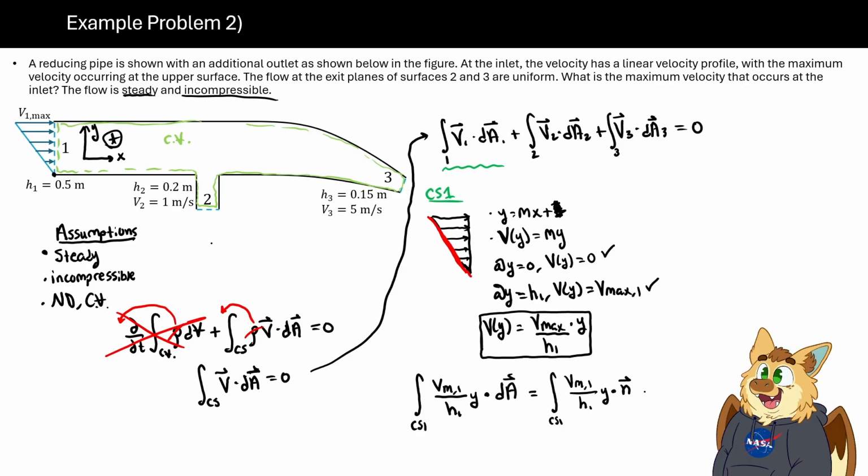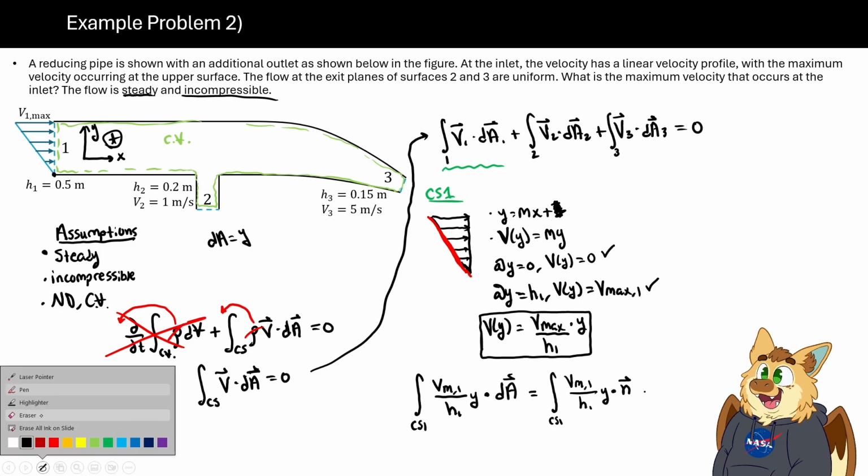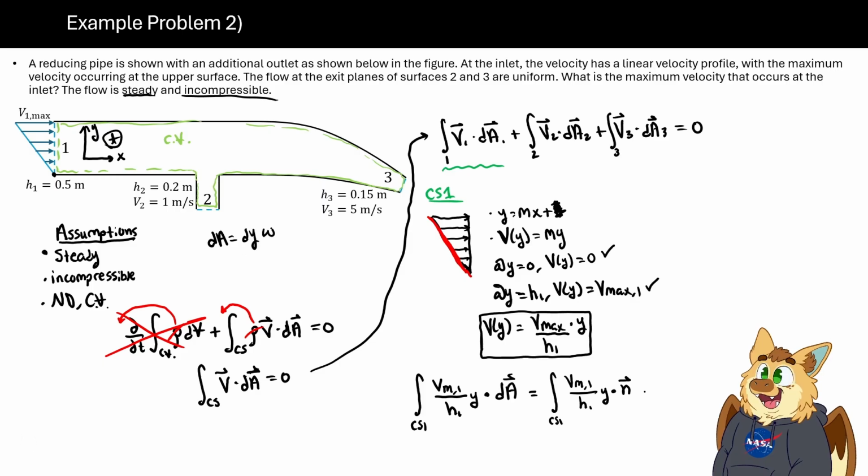I want to make a note here, dA is equal to our y component, dy times w, because technically this 2D surface goes into the page by some amount. So dA per unit width is equal to dy, and that we're going to plug in down here. Sorry, we're all over the place with these notes, but I'm trying to find space so I don't write on myself in the bottom right corner. And this will be times dy.